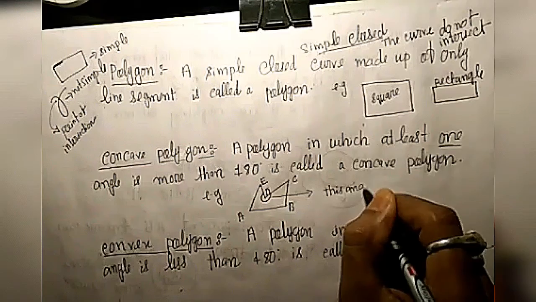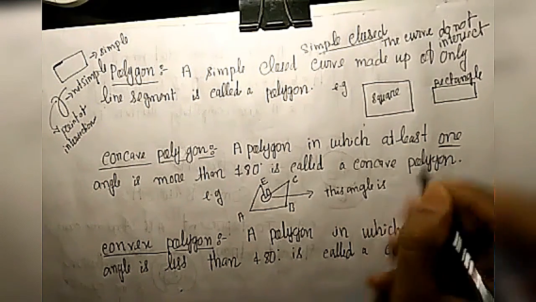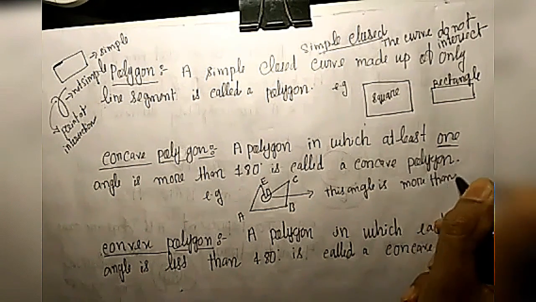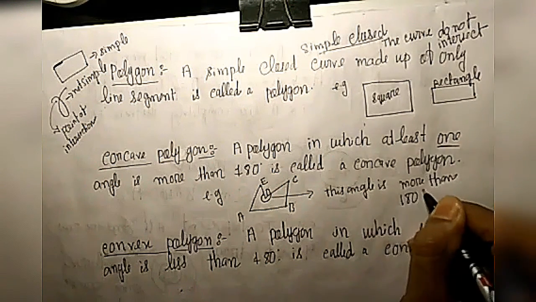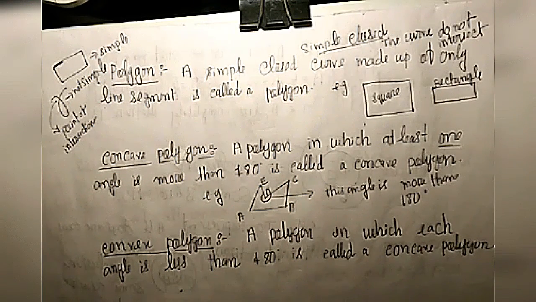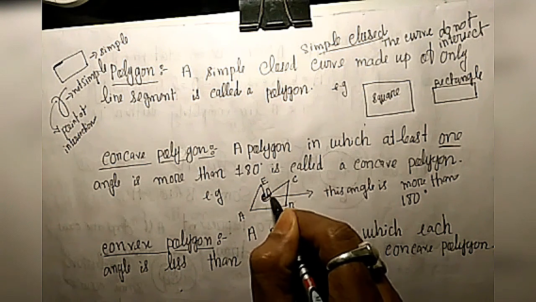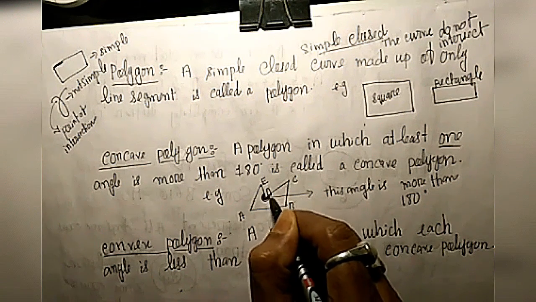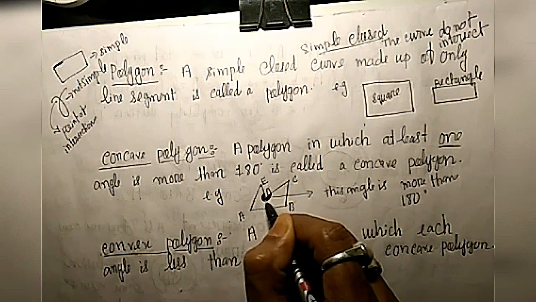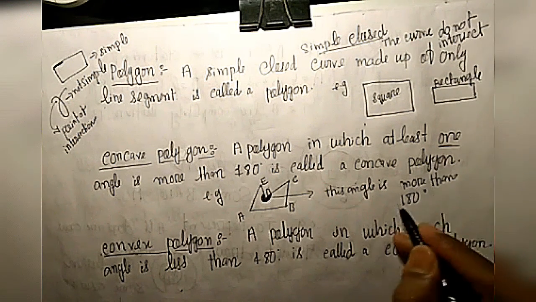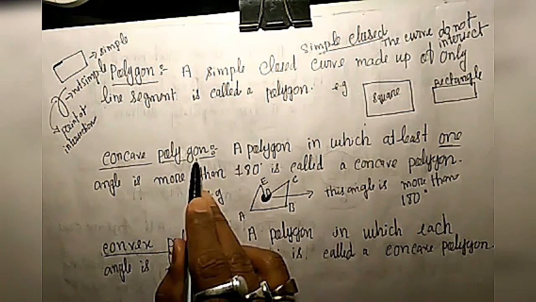In this given figure it has 5 angles, and out of these 5 angles, one angle is more than 180 degrees. So since one angle is more than 180 degrees, this figure represents a concave polygon.